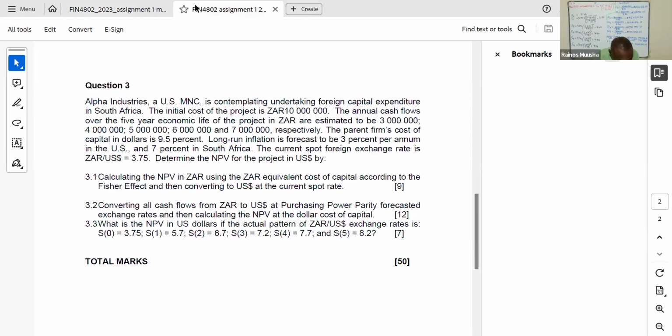Now, moving on to question 3.3, they are telling us that the actual exchange rates are as given. So now, given these actual exchange rates, we need to find out the net present value.